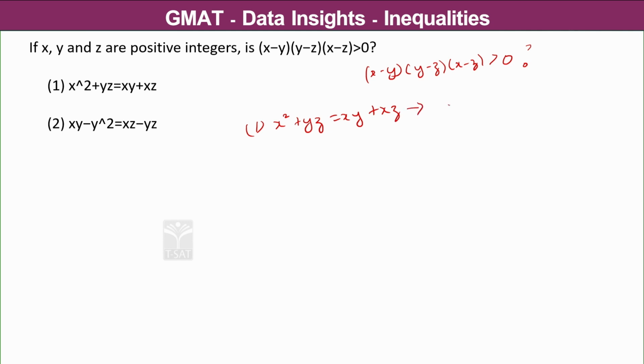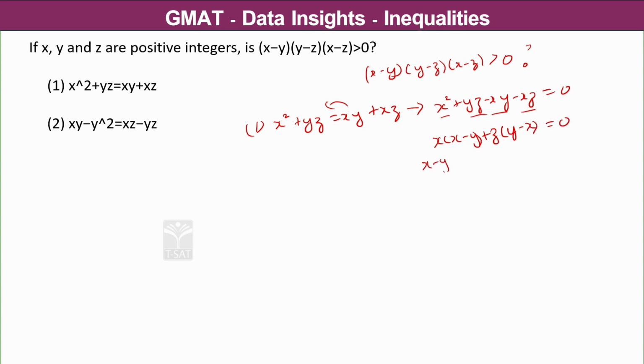That means that taking all of the elements onto one side, x square plus yz minus xy minus xz is equal to 0. Taking x common from here, you have x into (x minus y), plus taking z common here, you will have z into (y minus x) is equal to 0.